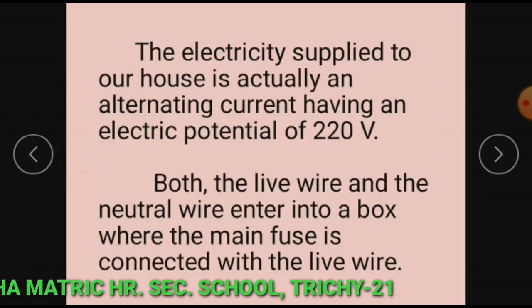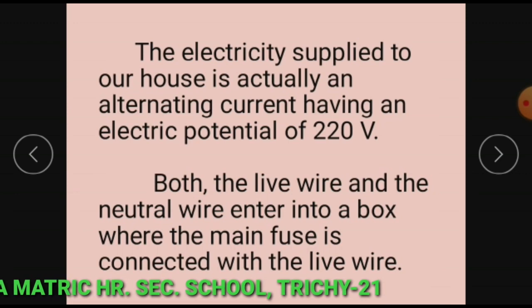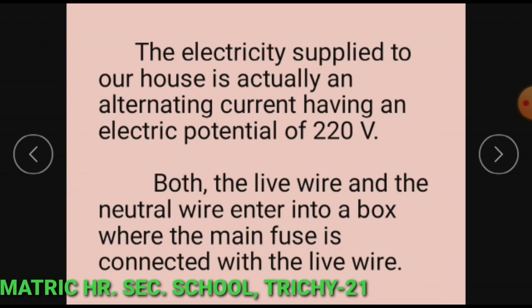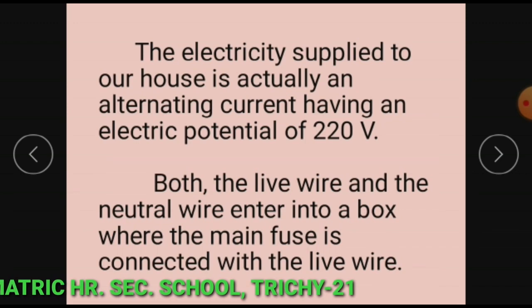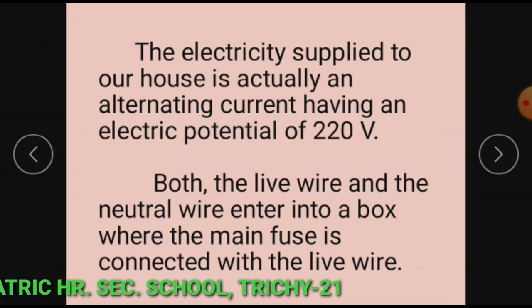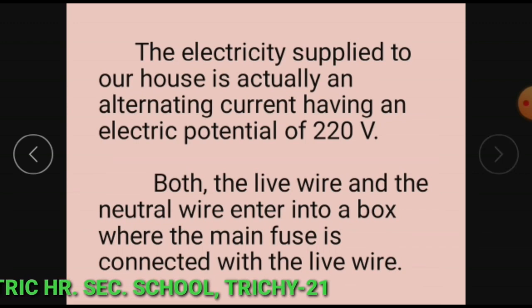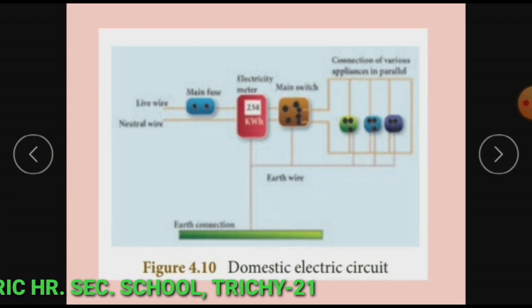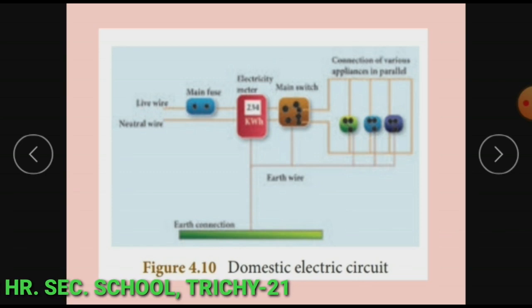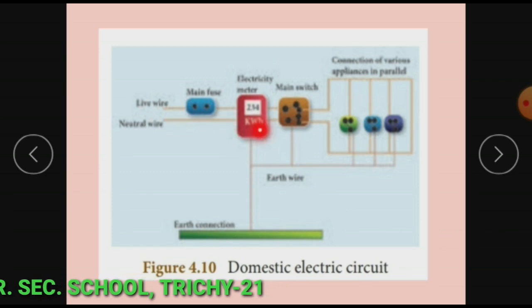The electricity supplied to our house is actually an alternating current having electric potential of 220 volt. Both the live wire and the neutral wire end into a box where the main fuse is connected with the live wire.